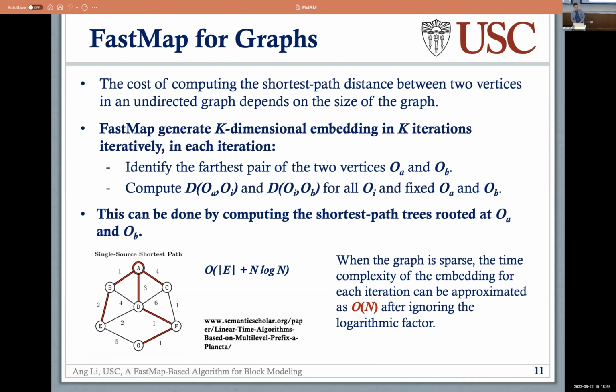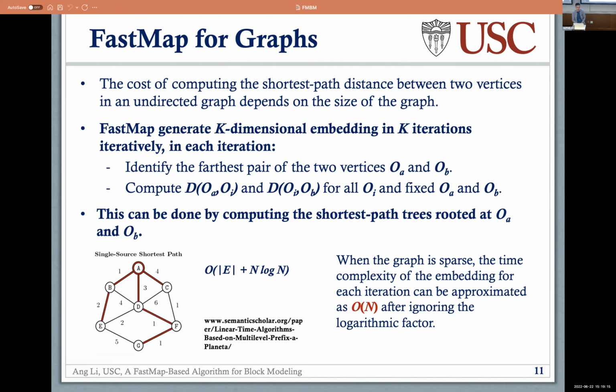FastMap will generate the k-dimensional Euclidean embedding in k iterations, and in each iteration, it will first identify a pair of two vertices, Oa and Ob. This can still be achieved heuristically in near-linear time on a graph. And after that, it requires computing D(Oa, Oi) and D(Oi, Ob) for all Oi and fixed Oa and Ob.